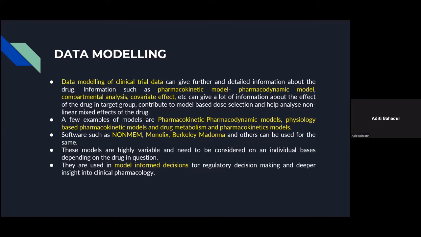And another example of data modeling is physiology-based pharmacokinetic models. Physiology-based pharmacokinetic models are when you actually add elements of physiology to pharmacokinetic models. Like you talk about blood flow in certain species, or liver efficiency, or surface area, or certain other aspects within living beings.